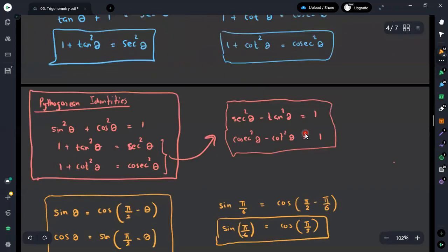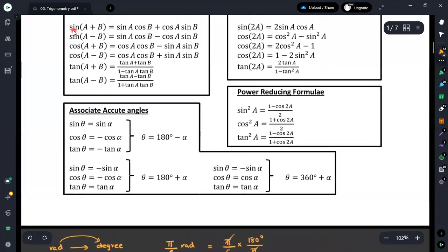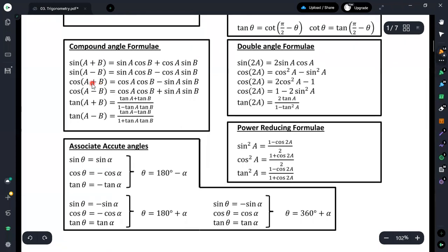If you need to take the sine of the addition of two angles, then sine a plus b can be written as sine a times cosine b, the sine of the first angle times the cosine of the second angle, plus cosine a times sine b.